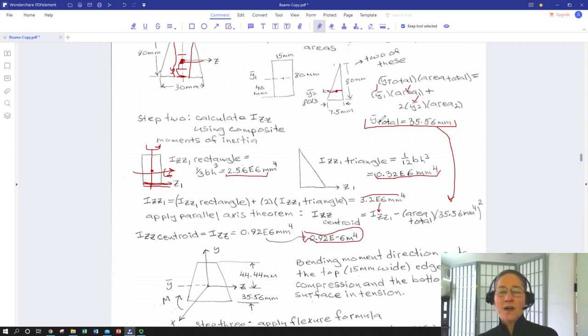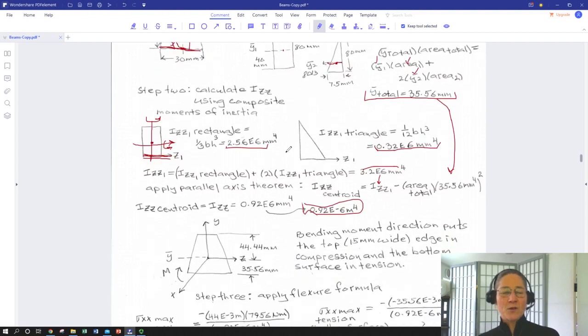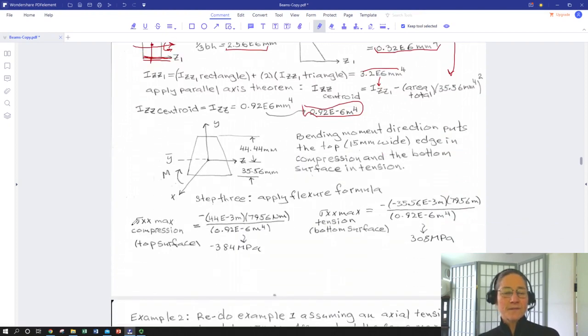So okay, we've got our centroid distance from what's actually going to be our maximum tensile axis. We've got our IZZ. We were given our maximum moment. We should be all ready to calculate. So we can calculate the max compressive axial or longitudinal stress at the top surface. So we've got a little bit more distance to the top.